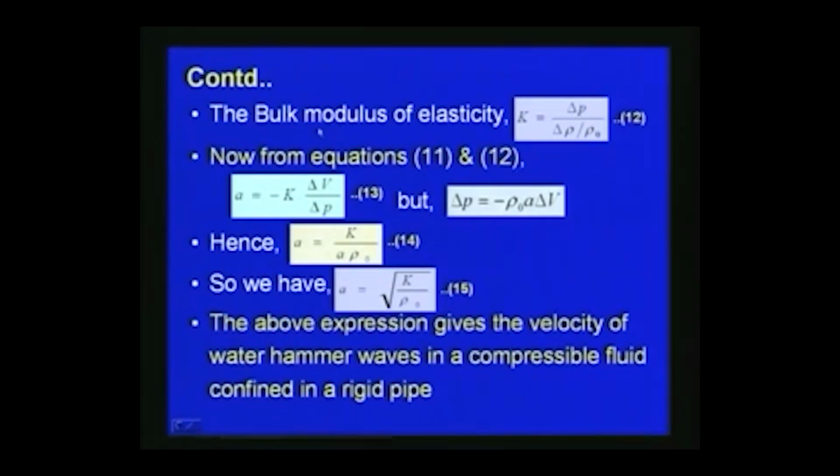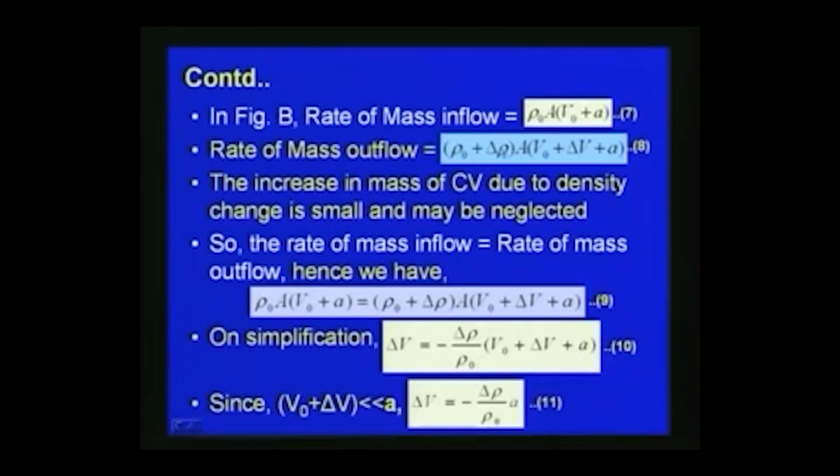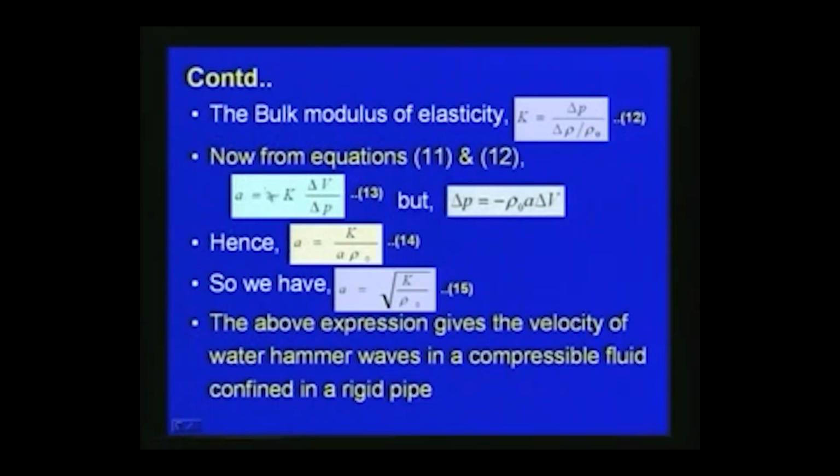Let us introduce the bulk modulus of elasticity of the system. We write the bulk modulus of elasticity K is equal to minus delta P by delta rho by rho 0, as in equation number 12. Now with respect to equations 11 and 12, we can write the water hammer velocity A is equal to minus K into delta V by delta P, as in equation number 13.